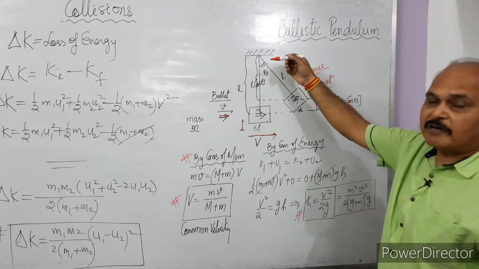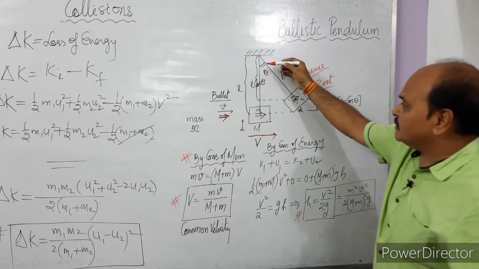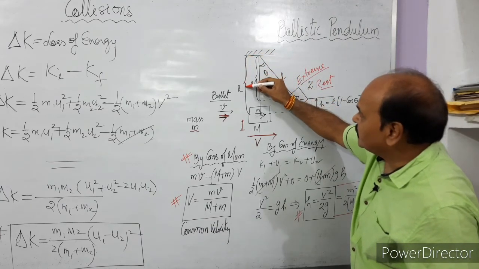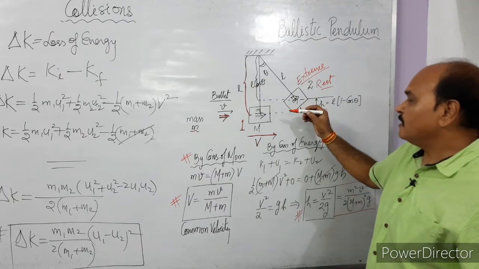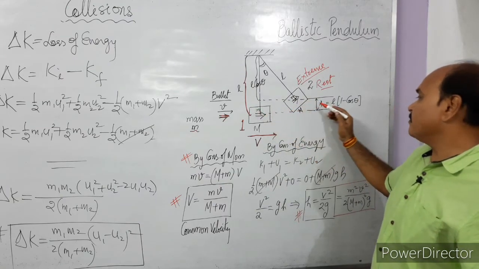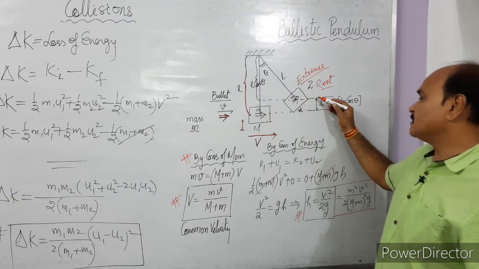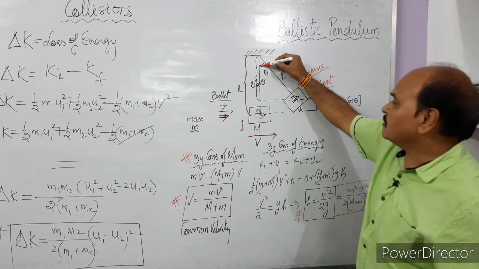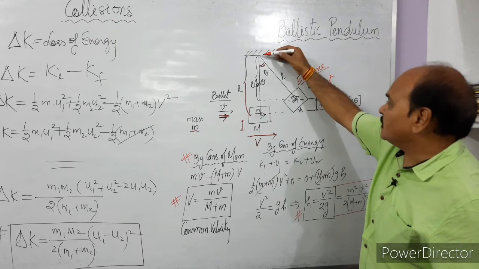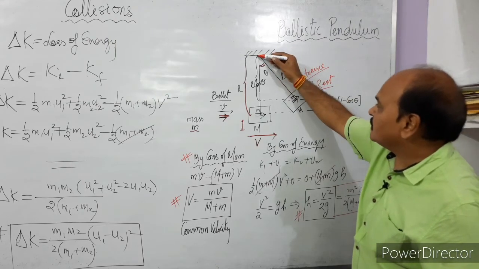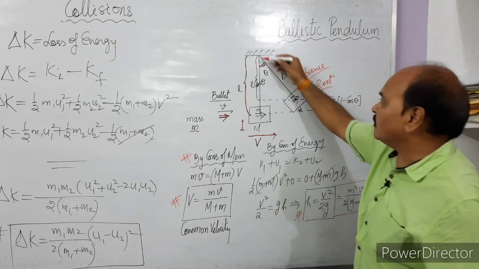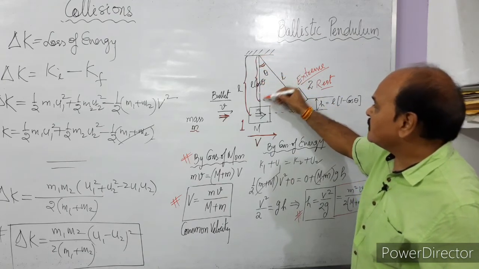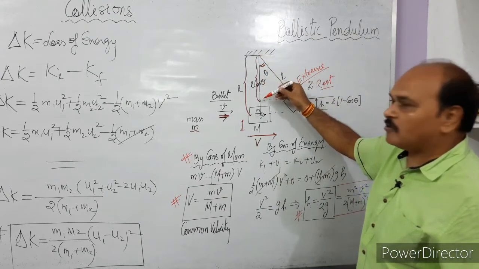And how are we going to find out this angle theta? Say the length of the string is L. From here to here, the length of the string is L. And if the mass is rising by a distance h along the vertical, the string makes an angle theta. The length of the string is L. The projection of this L along the vertical is going to be L cos theta.